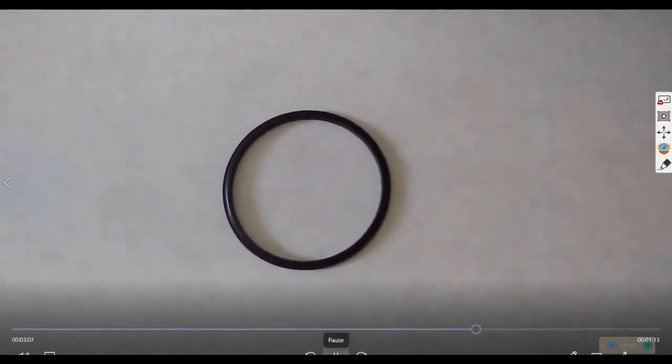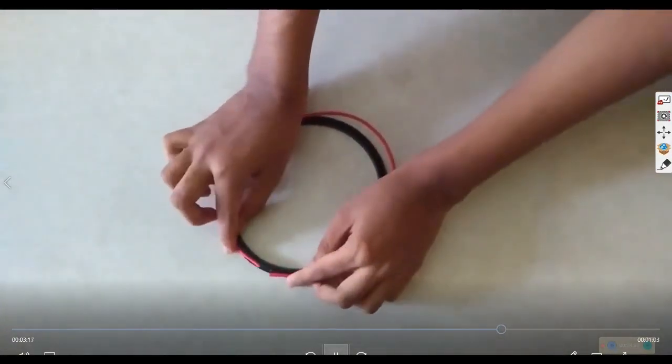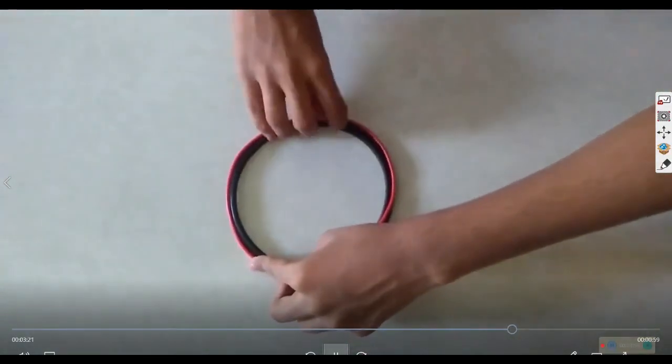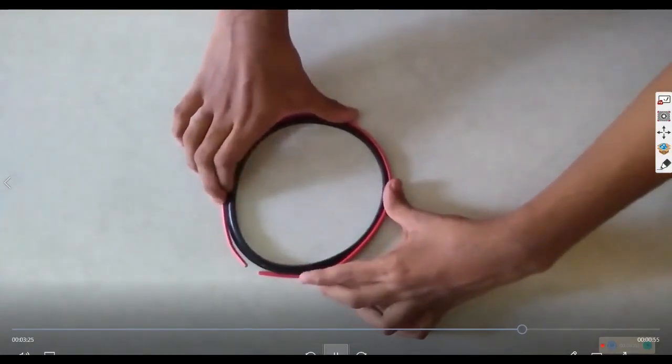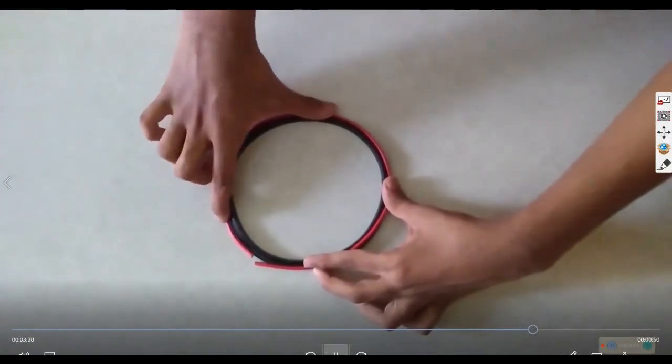Let me take some wires I have over here. I'll slowly place it at the edges, like this. If I can measure the length of this wire, I can find out the circumference of this particular ring in front of you.